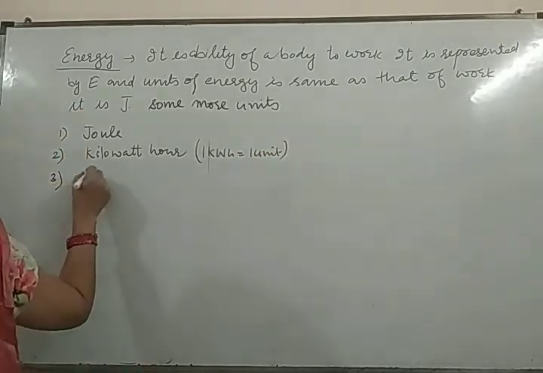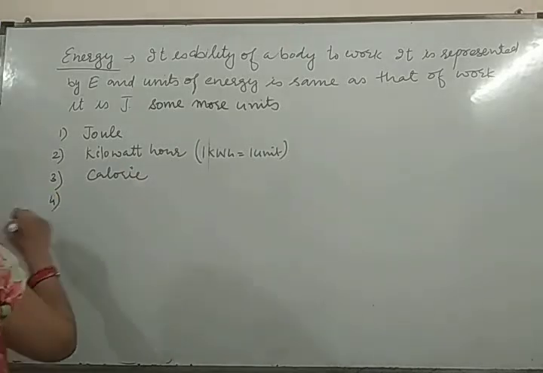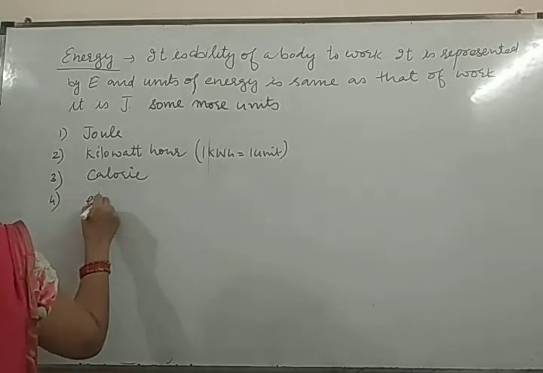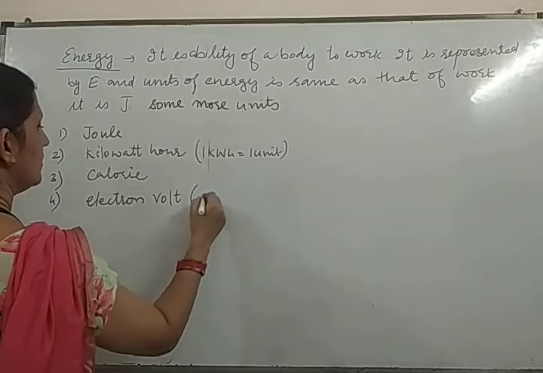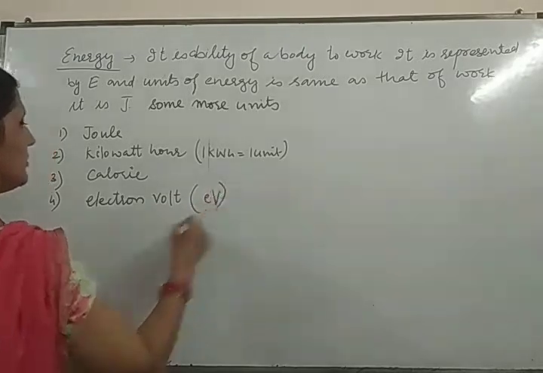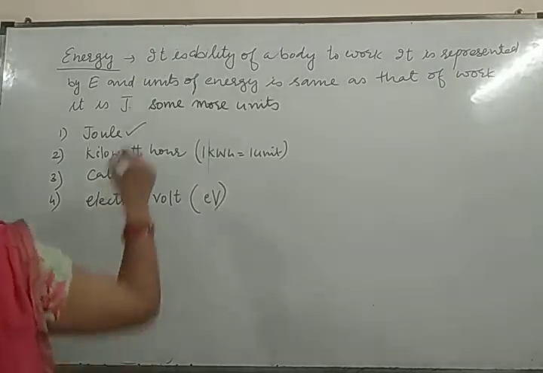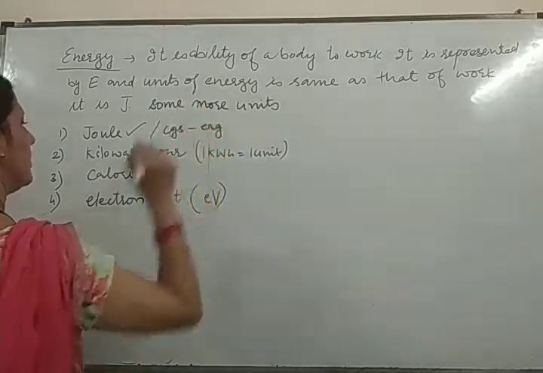Third is calorie, and fourth one is electron volt. This is eV. We use this in this chapter, and the CGS unit is erg, like work.